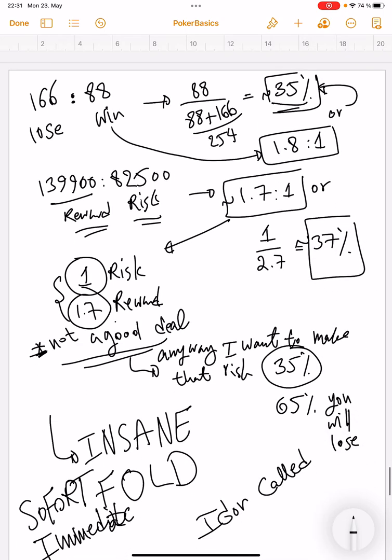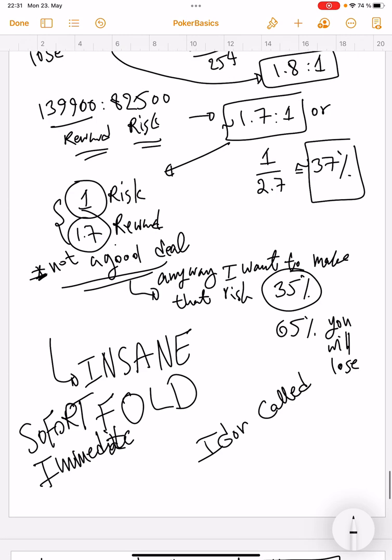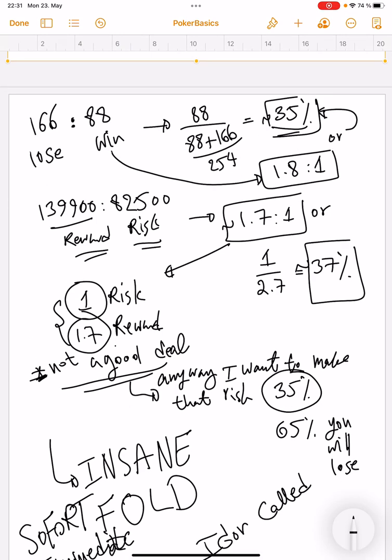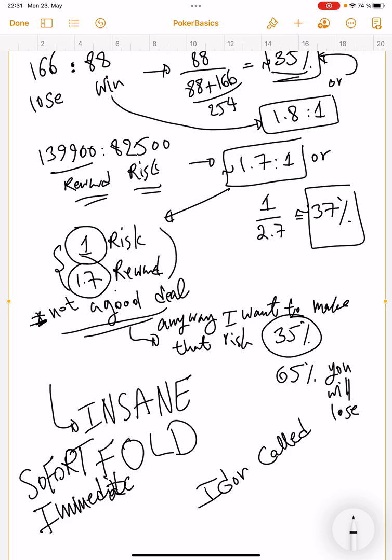So mathematically we showed that this call is very insane because we are risking 1 to get 1.7 as a reward, and in this very stupid game, 35% of the times we are going to win, and 65% we are going to lose.